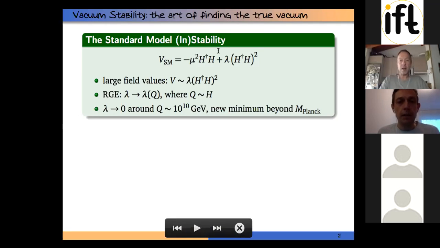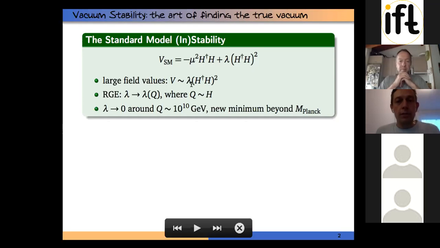As we all know, in the electroweak standard model we have this very simple Higgs potential, which has a bilinear and a quadrilinear term, or basically a quadratic and quartic term.